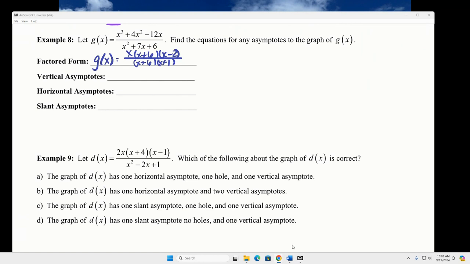All right, then we are going to find all the different types of asymptotes. So does this one have a vertical asymptote? Yes. Where is it? Good. Good job.